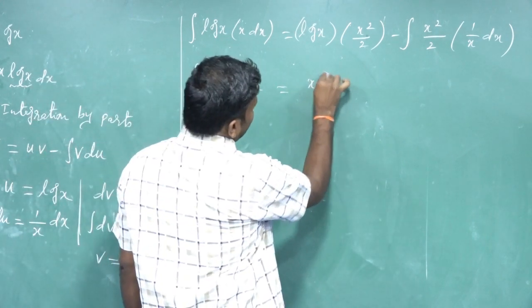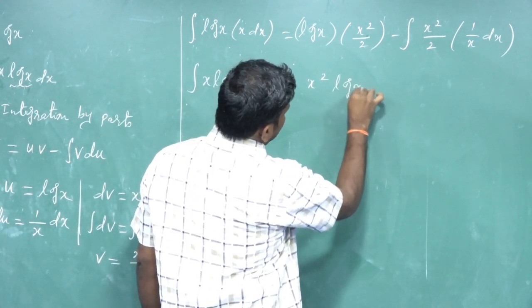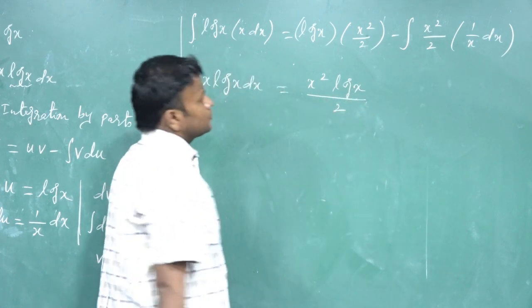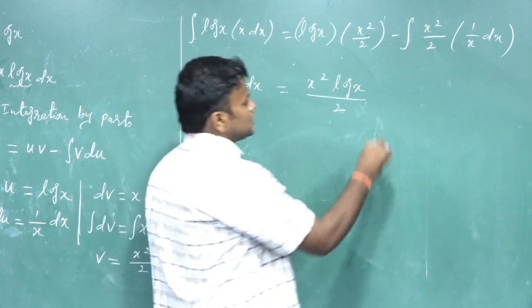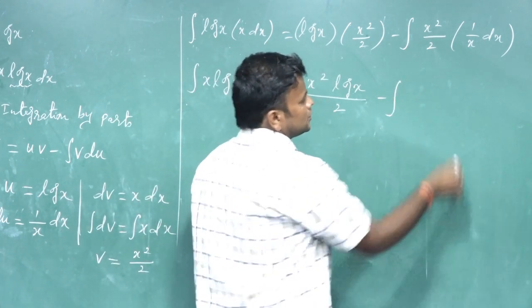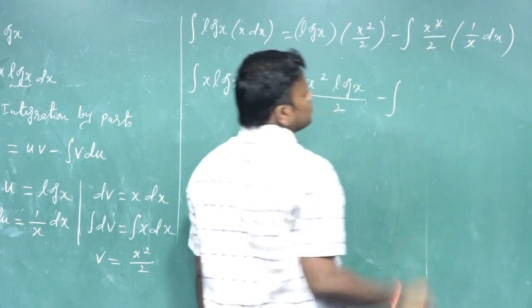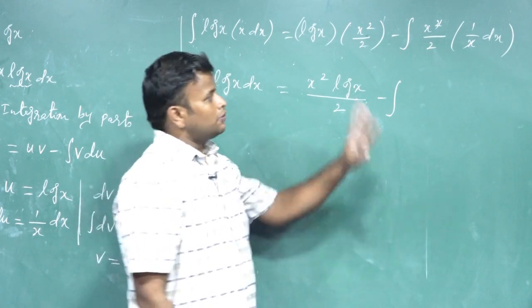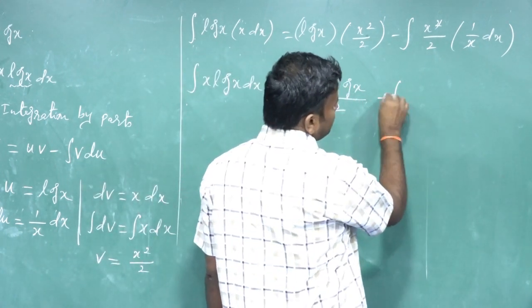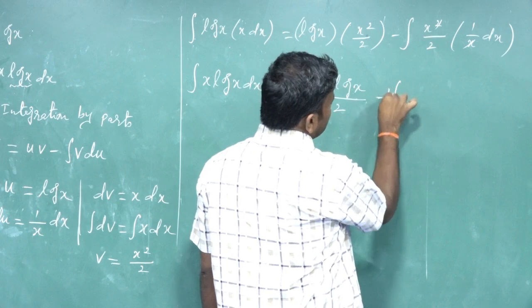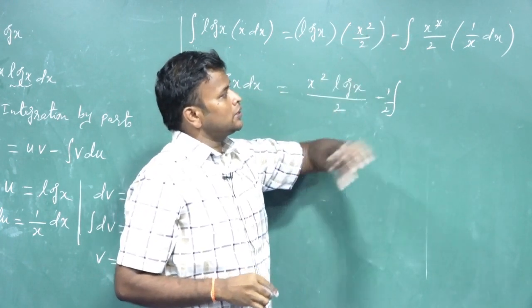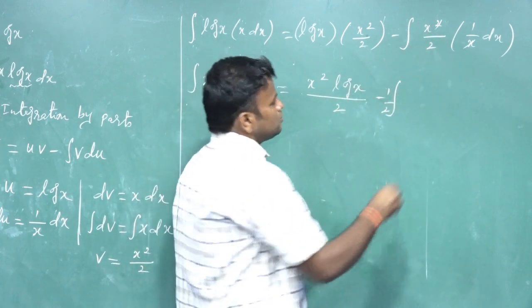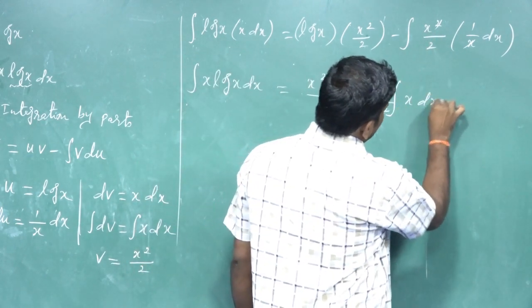In the first term, x square log x by 2. Minus, in the integration, you see this x will be cancelled. We take the constant outside, minus 1 by 2. In x square, one x is cancelled, remaining x into dx.